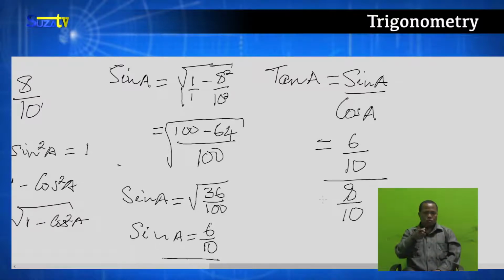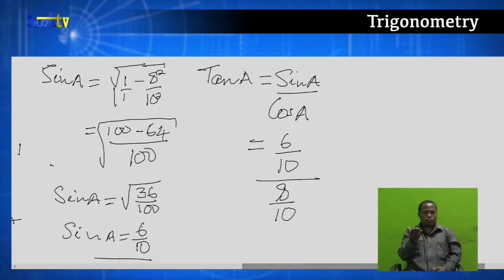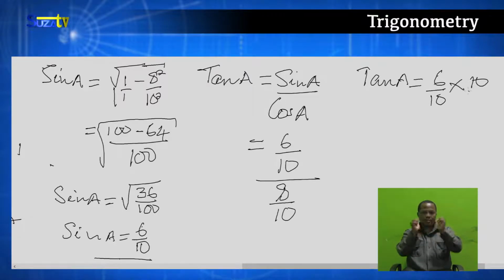If you rearrange it, tan of angle A is equal to 6 over 10 times 10 over 8. We can see that the 10 and the 10 simplify each other, but we can also simplify 6 and 8.